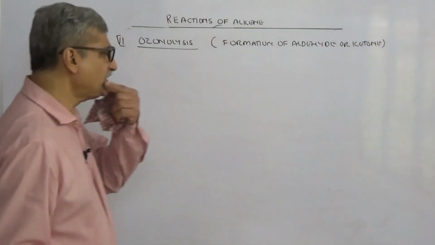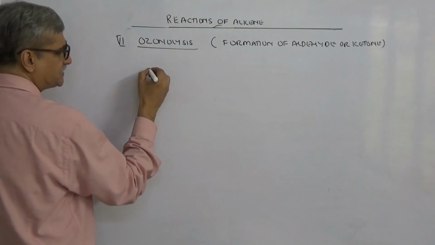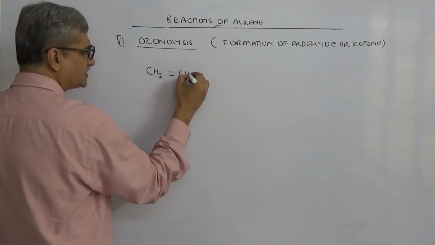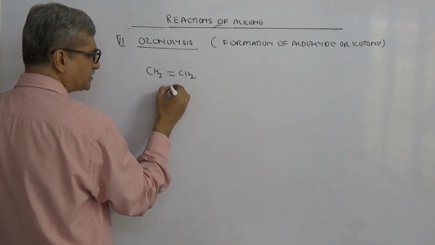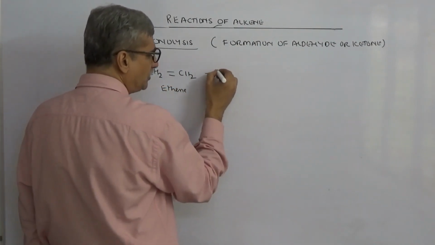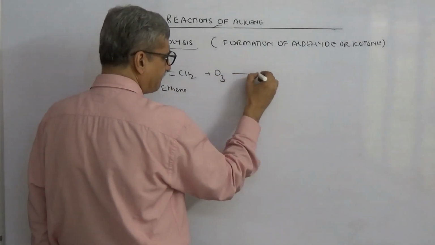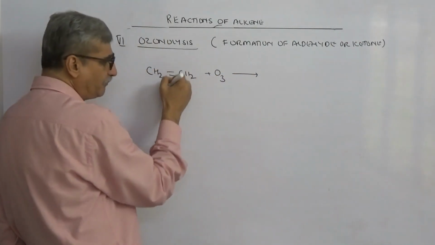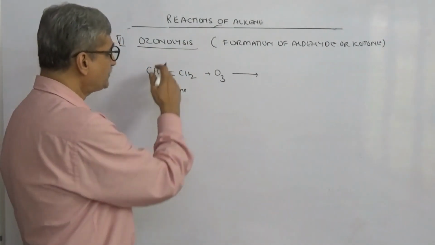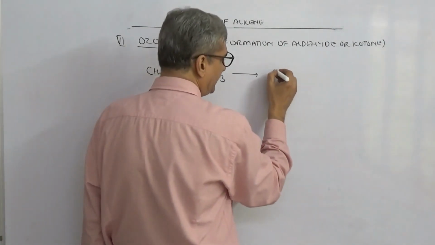So when you talk of formation of aldehyde or ketone, see what happens. I take the simplest alkene, CH2=CH2, that is ethene. When I react with ozone, O3, what happens? Ozone is a highly reactive substance, so it breaks both the bonds, the sigma as well as the pi.